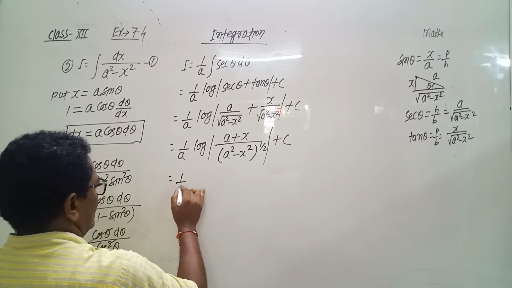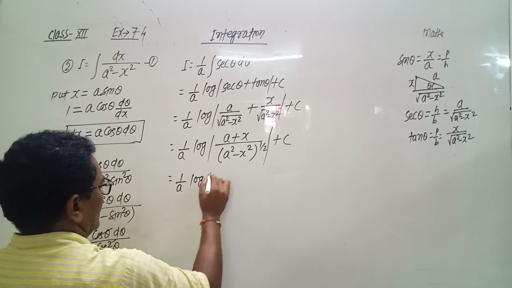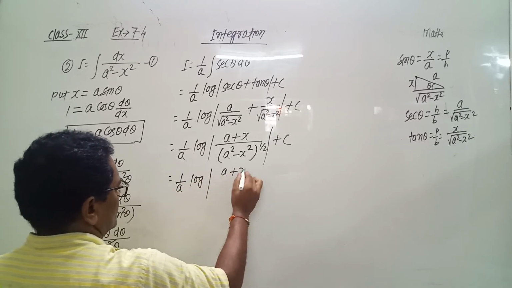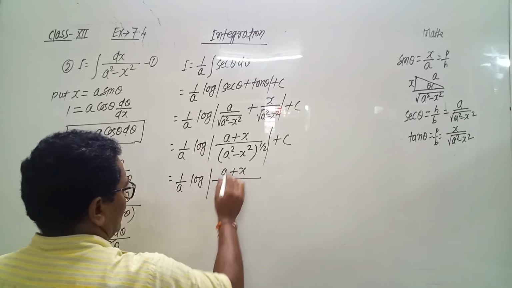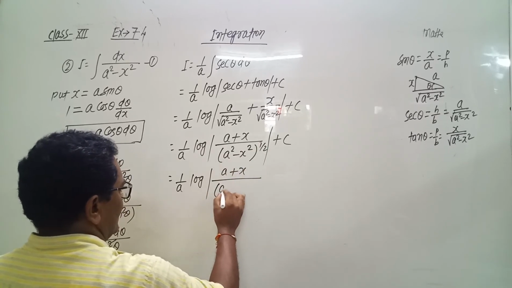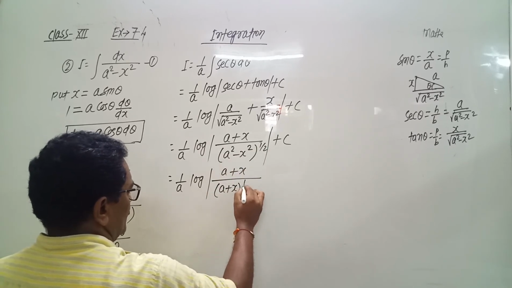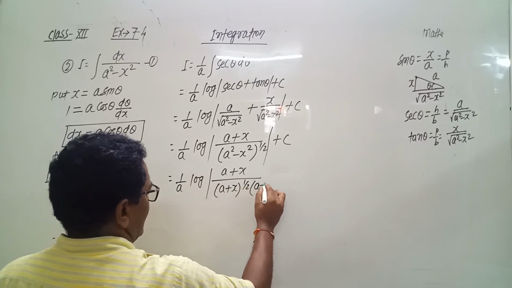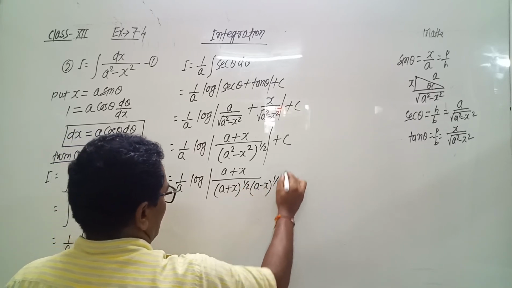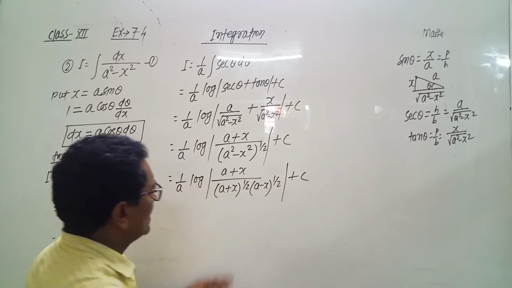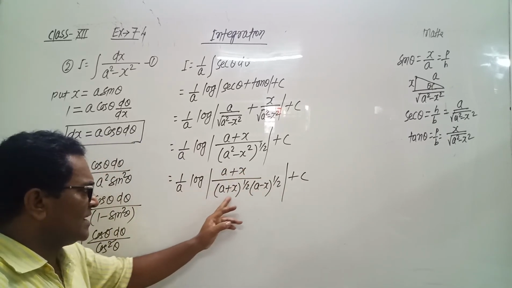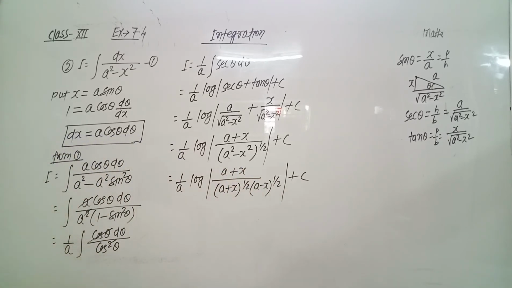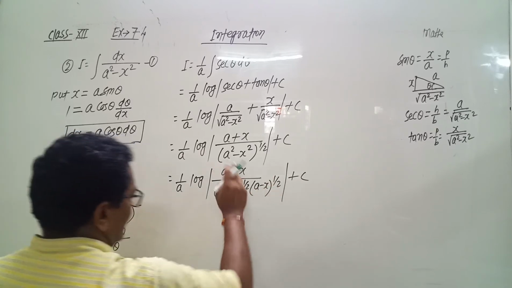So we get 1 by a log of a plus x upon a plus x raised to the power 1 by 2 times a minus x raised to the power 1 by 2, plus c. We have written a square minus x square as a plus x and a minus x, and written the power separately.